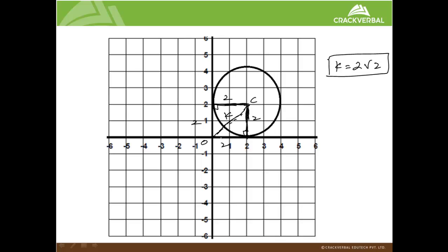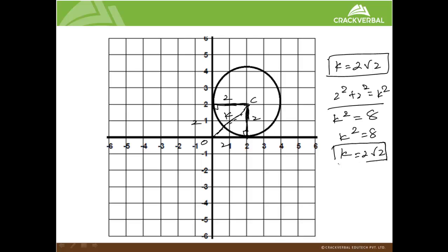Because the diagonal of the square is side times root 2. Otherwise, 2 square plus 2 square is equal to k square, which is 4 plus 4, 8, so k square is equal to 8. If you take square root on both sides, k is equal to 2 root 2.